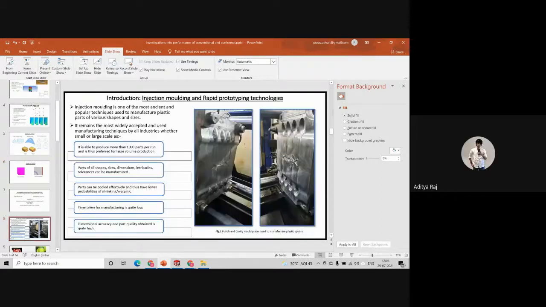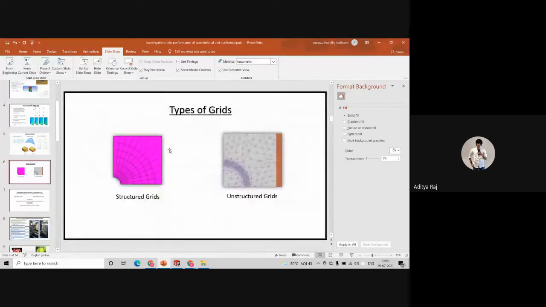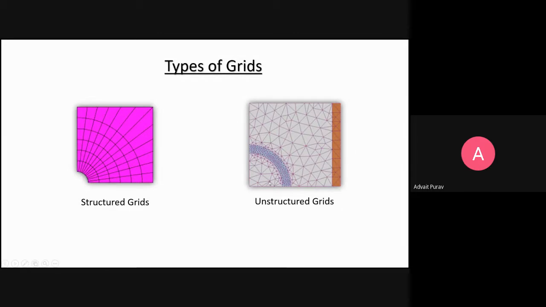Where exactly can we use the structured grid, like any application? Structured grids, bro. One point I forgot to mention is that in the majority of meshing analysis, you mostly use unstructured grids only, because in them you are able to get the appropriate meshing for the appropriate features.